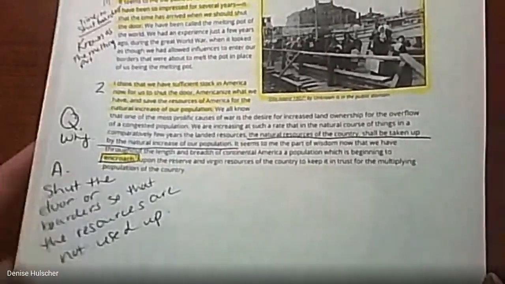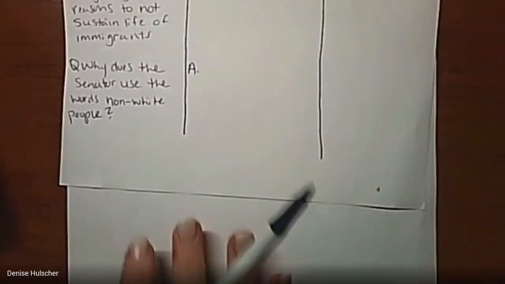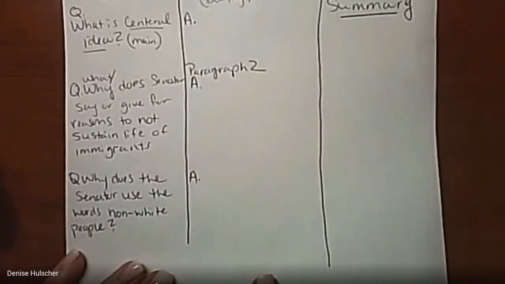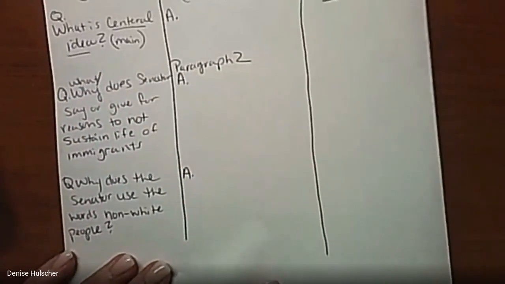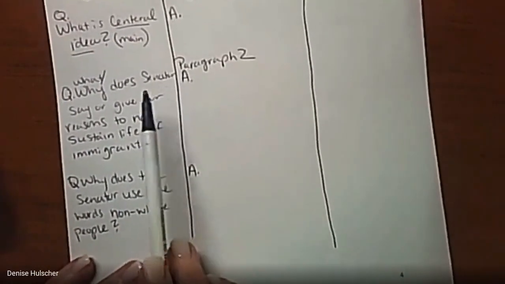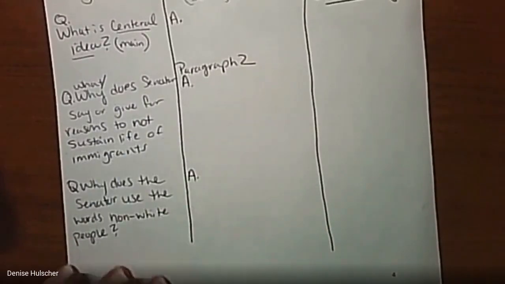So I'm going to go ahead and do that. I know it seems like a lot of work sometimes, but our answers should line up with our choices that we have. Okay, so why does the senator give reasons to not sustain life of immigrants?